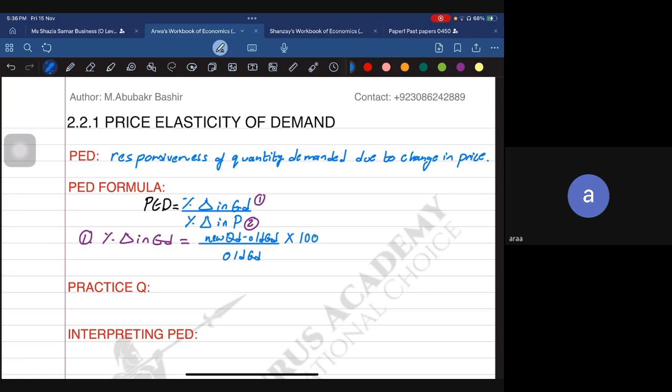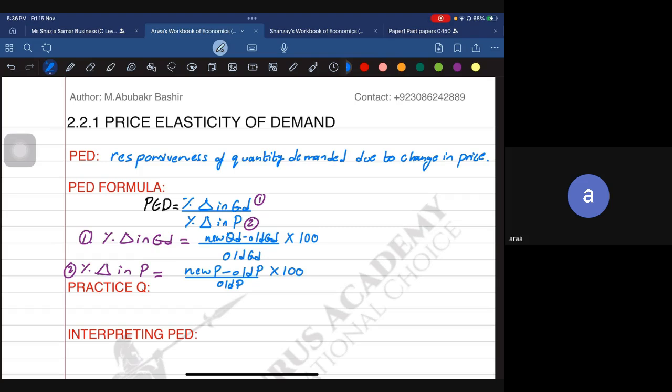And the other one is percentage change in price, which is equal to new price minus old price, divided by old price, multiplied by 100. And then you put the values there, according to it.